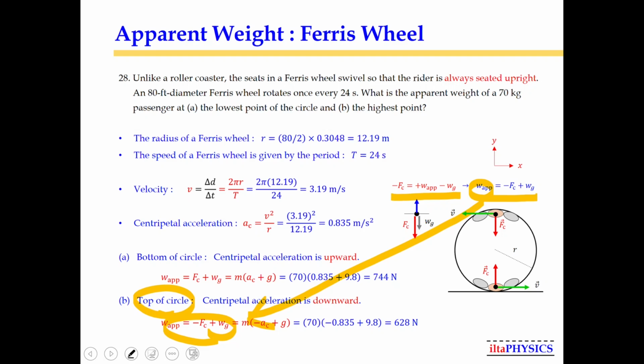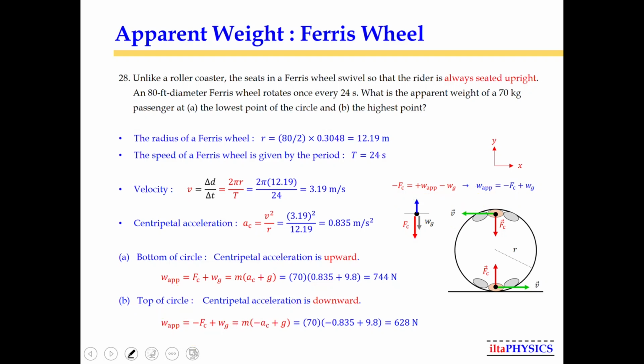Now that we know the principle, let's solve with the given conditions. First, the radius is 40 feet, which is 12.19 meters. The speed is given as 1 revolution every 24 seconds. This means the period is 24 seconds.